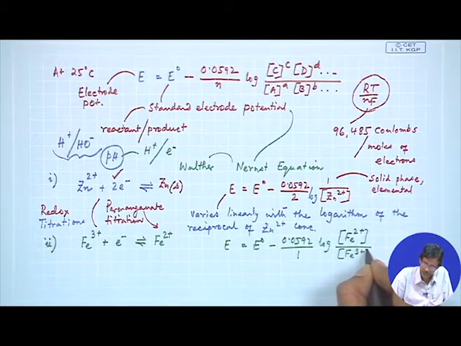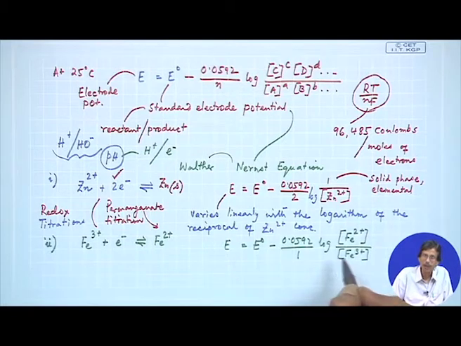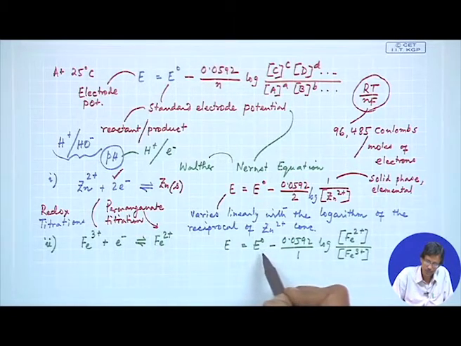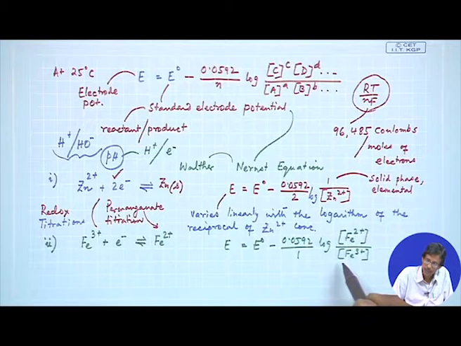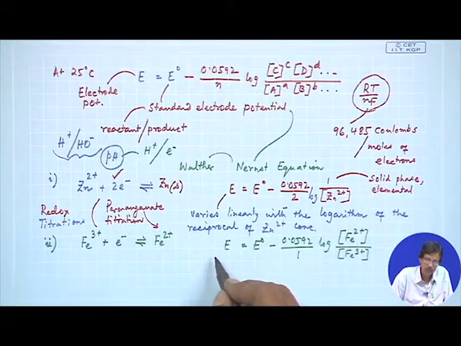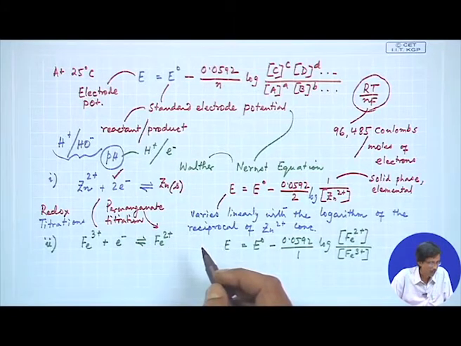Here we have the opportunity to manipulate these two concentrations. If they have unit activity, this will be cancelled out, so log 1 is equal to 0. We get the E0 value for the potential, which we know is close to 0.77 volt for this oxidation or reduction of the ferrous ion.